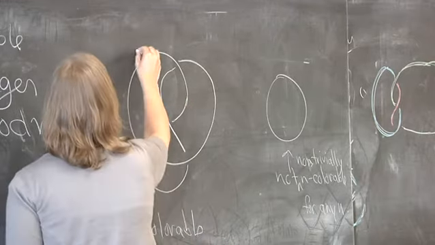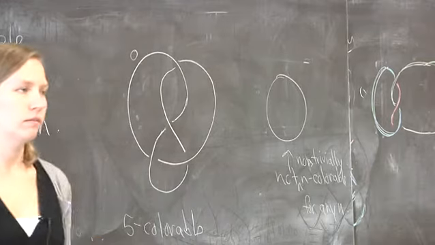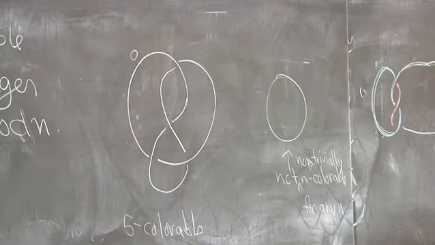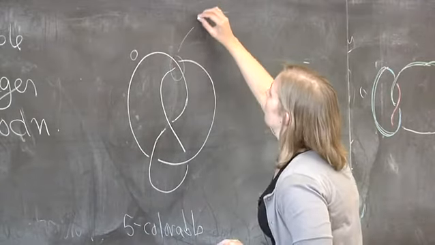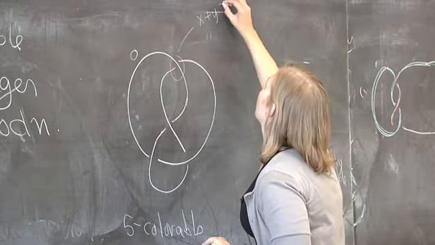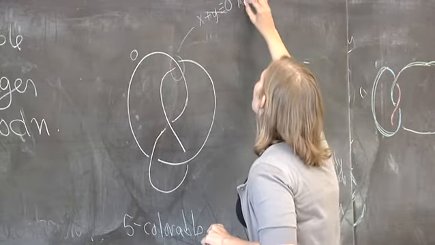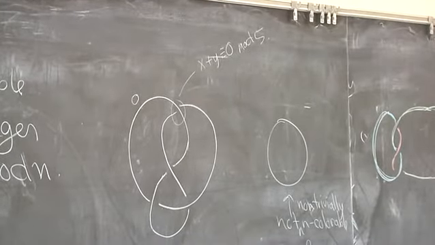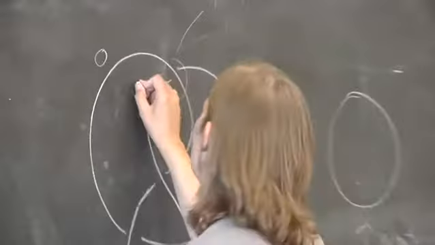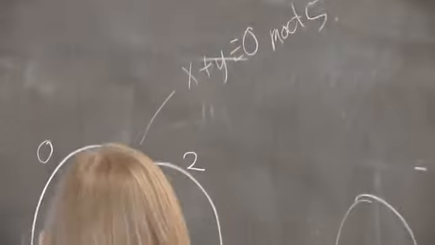Okay, so I'm going to call this strand 0 because it doesn't matter. So what I need here at this crossing is x plus y congruent to 0 mod 5. So what are 2 numbers that if I add them together I get 0 mod 5? 3 and 2. So I choose this one to be 3 and this one to be 2.